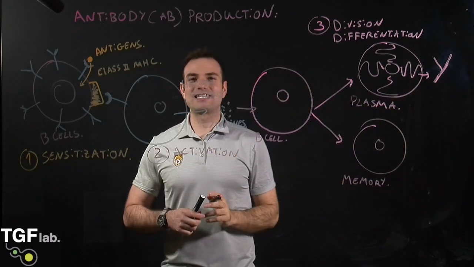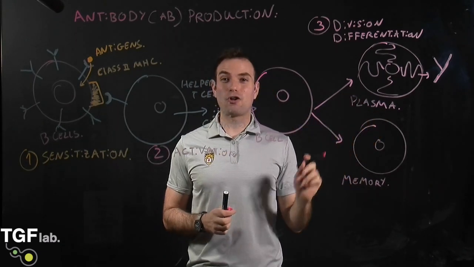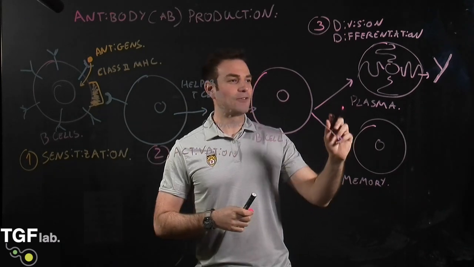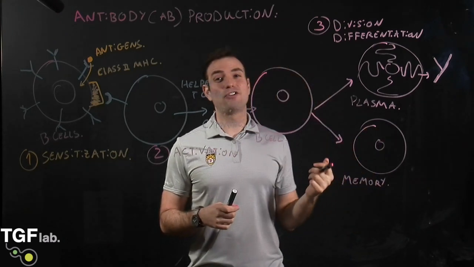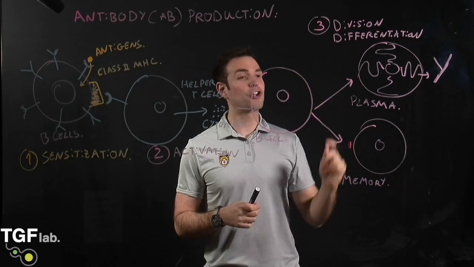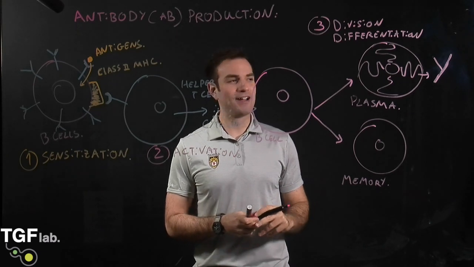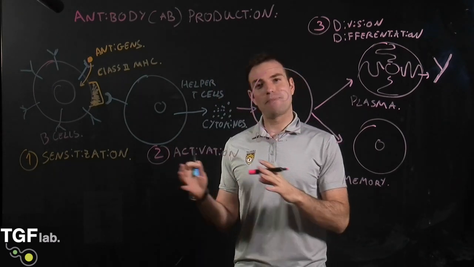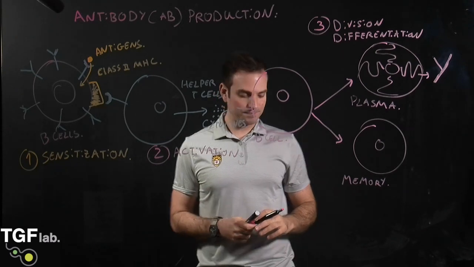These antibodies are going to be the specific mediators for resolving the bacterial and the viral infections that we might encounter. So these plasma cells are really important because they are going to produce a lot of antibodies at a really high speed. They are going to produce over 100 million antibodies per hour when this process happens, so we can defend ourselves from bacterial toxins and also from viral infections.